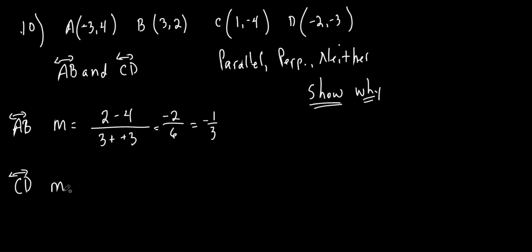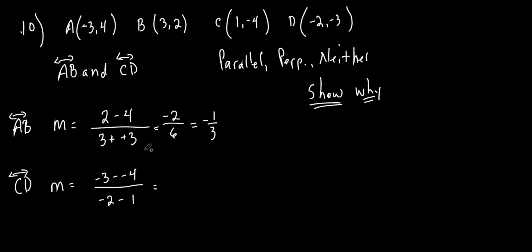Find the slope of CD. Do the exact same thing, except we're using 2 different points, C and D. Let's subtract the y's in the same order that we did the other one. So it's negative 3 minus negative 4. Those are my y's. Now the x's: negative 2 minus 1.